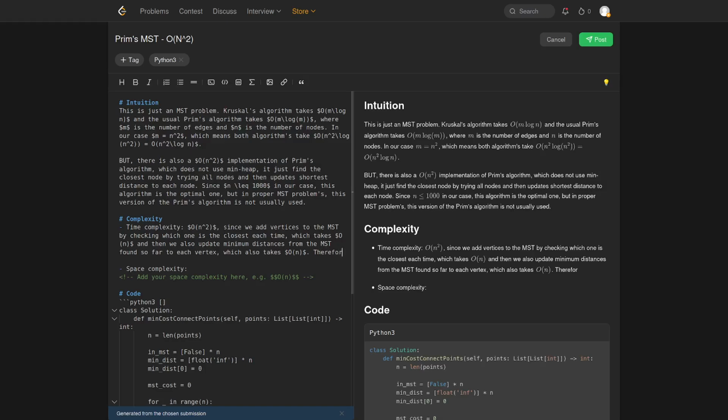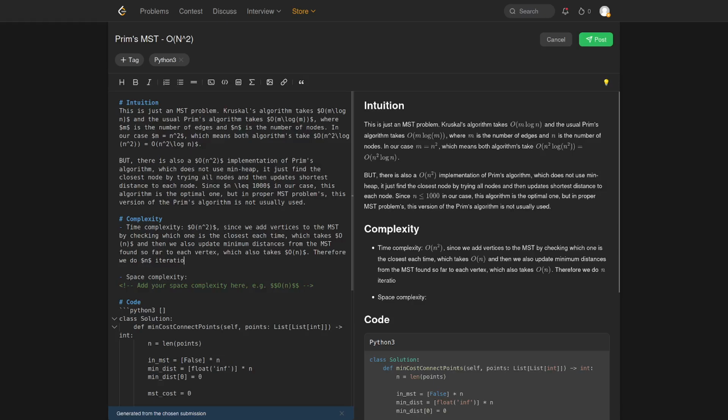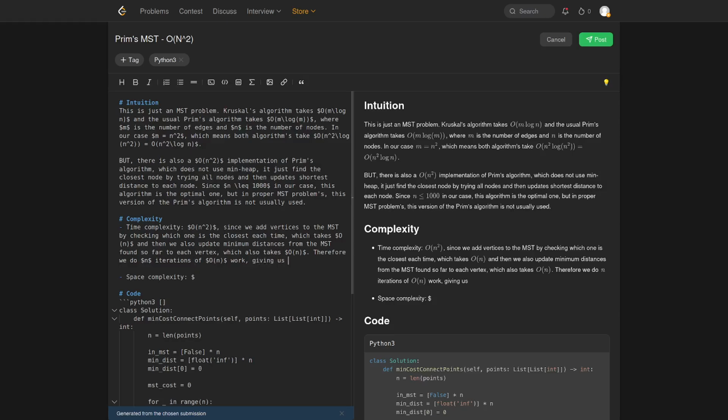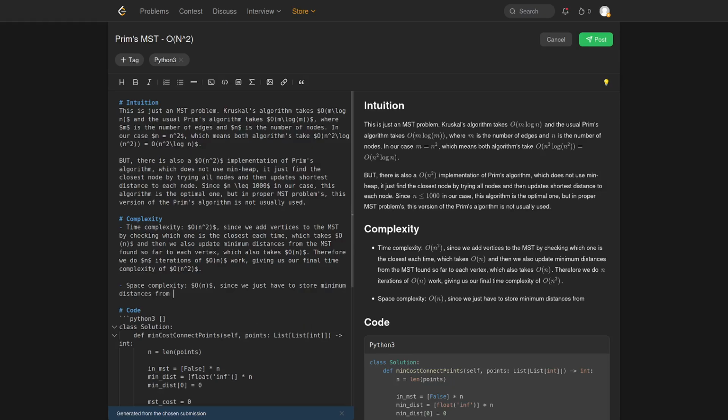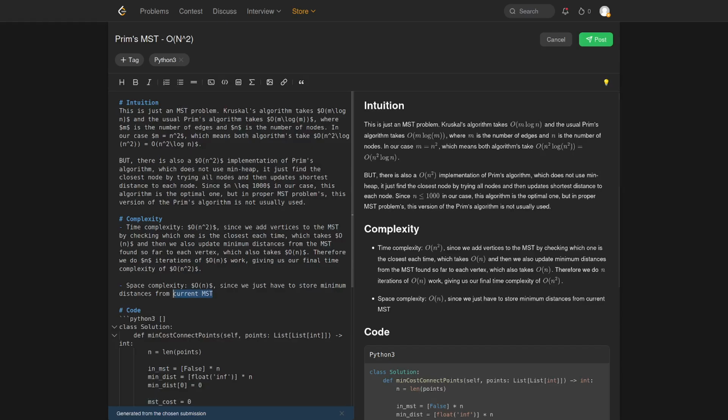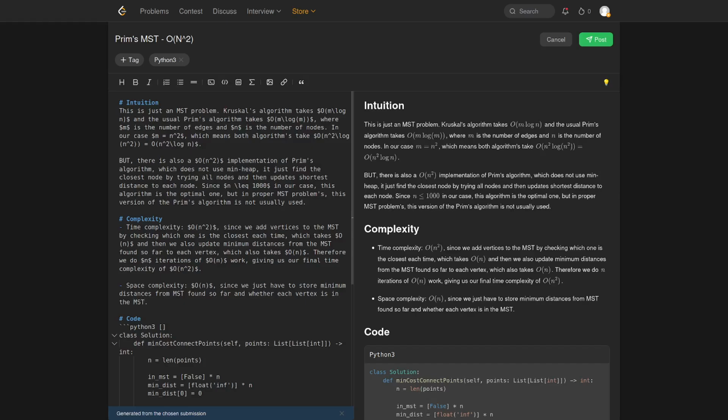There we do n iterations of O(n) work, giving us our final time complexity of O(n squared), since we just have to store minimum distances from the MST found so far and whether each vertex is in the MST already or not yet.